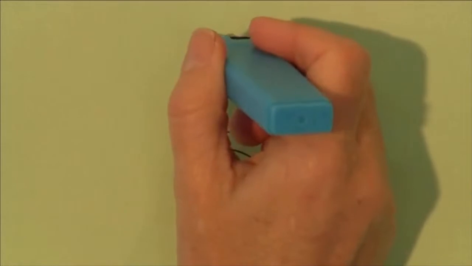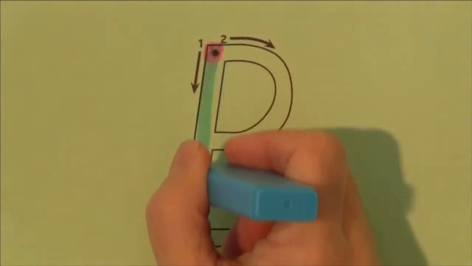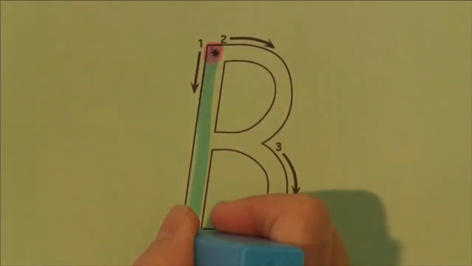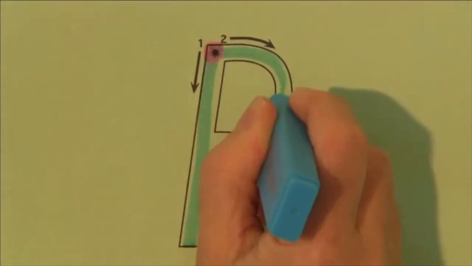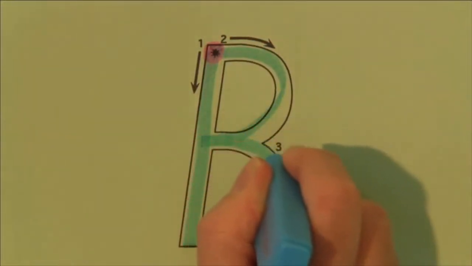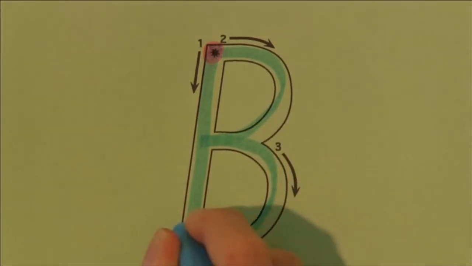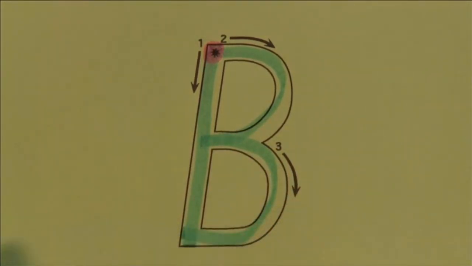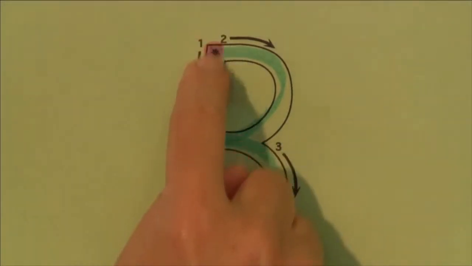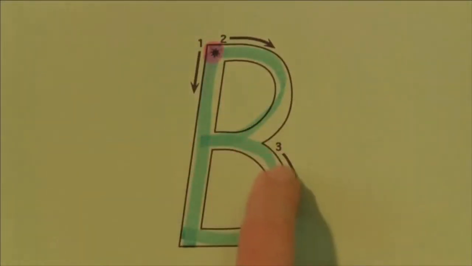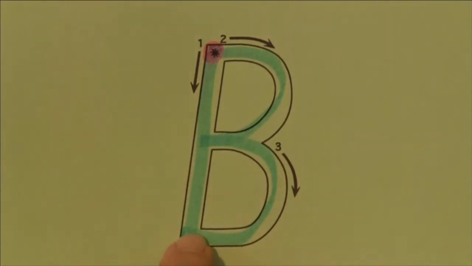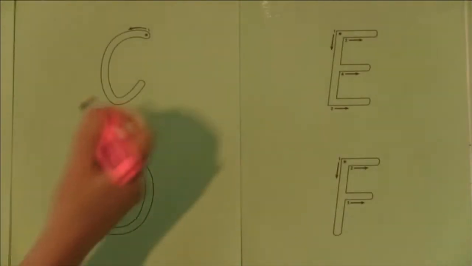So what we do is we do the straight line first, take our pen off, and then we do almost like a number 3, don't we? And we go around the B that way. So straight down and then around. And that's B.